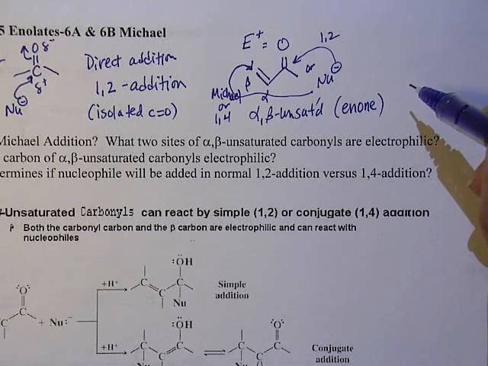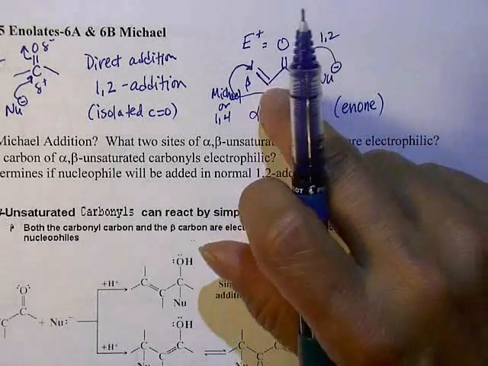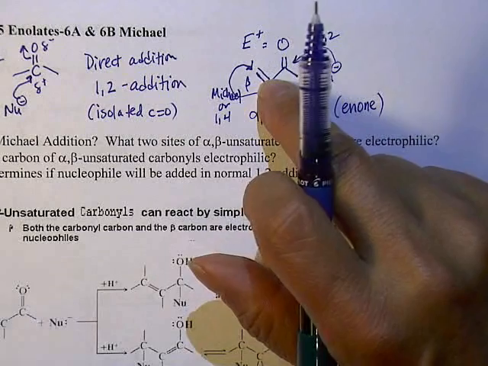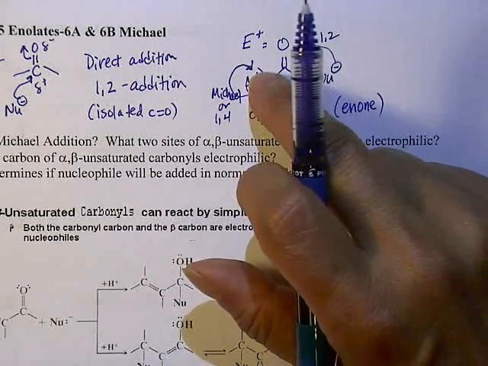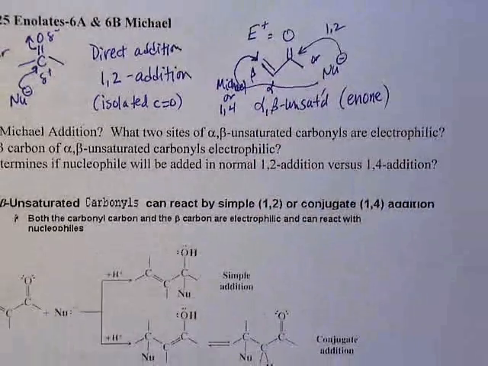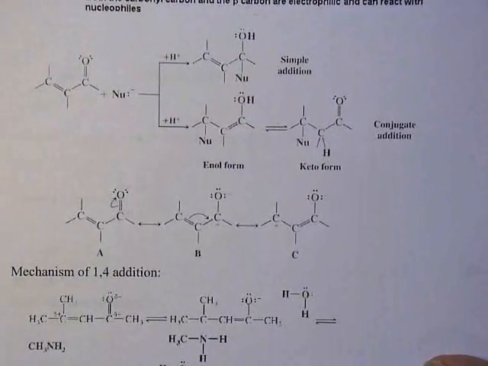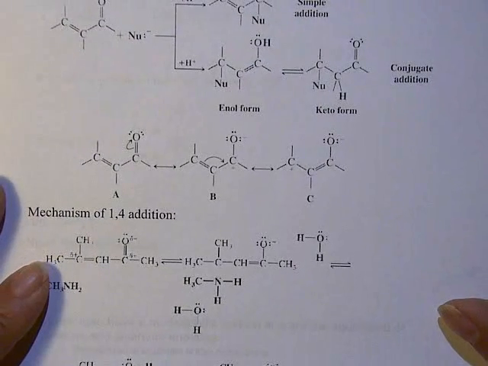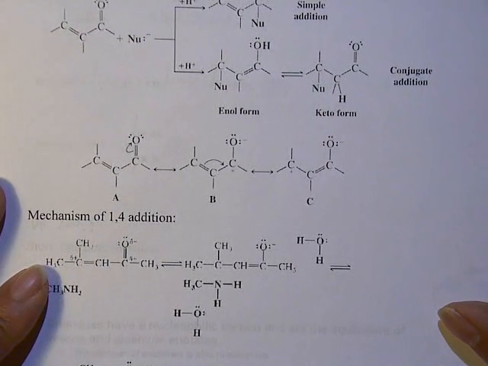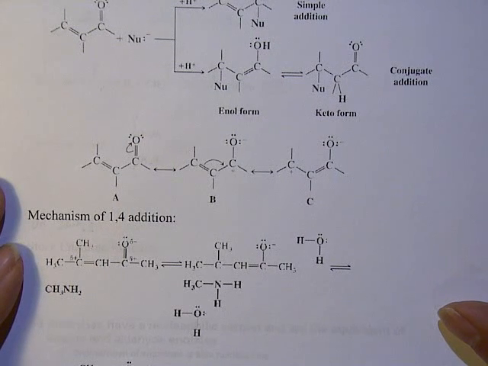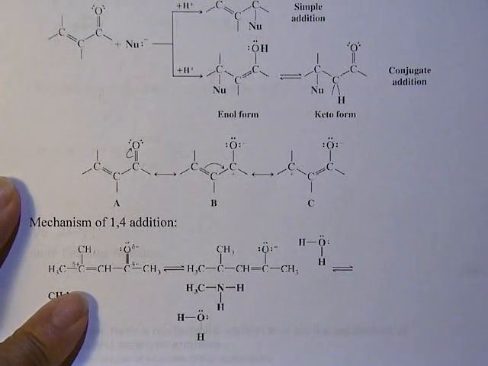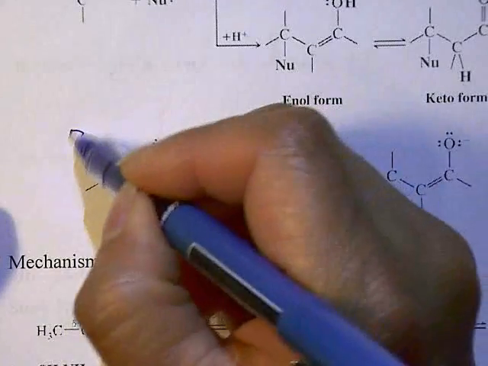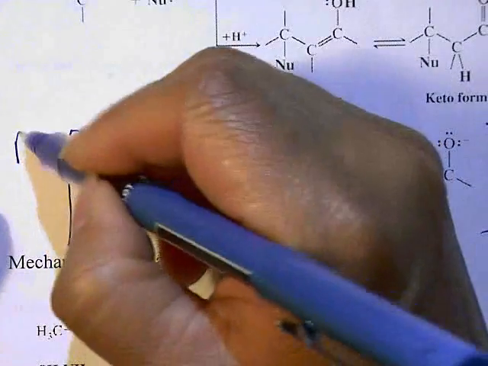So why, when you have a conjugated system, does it attack at the beta carbon? In order for us to understand that, we need to look at the unique reactivity at the beta position, and to see this, you have to draw the resonance structures of these alpha-beta unsaturated carbonyls, which is shown here.